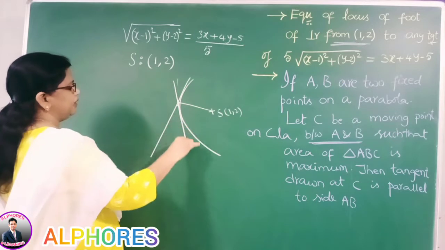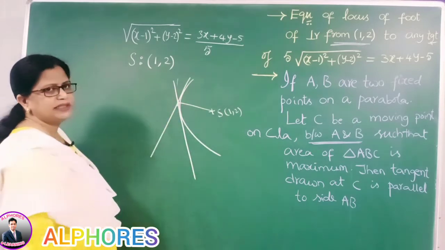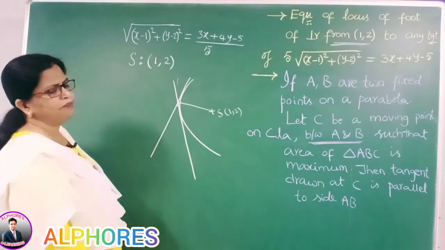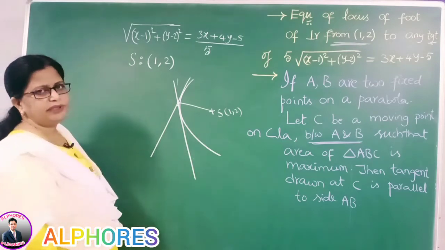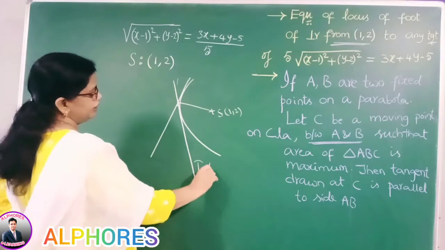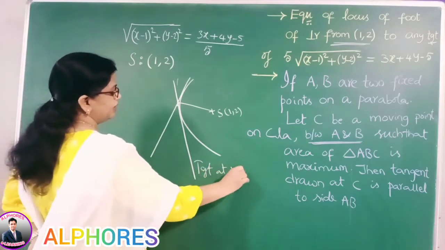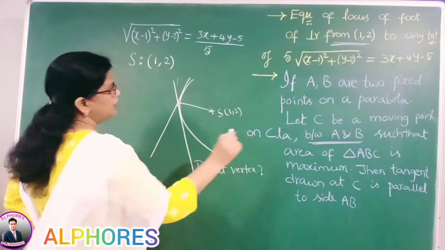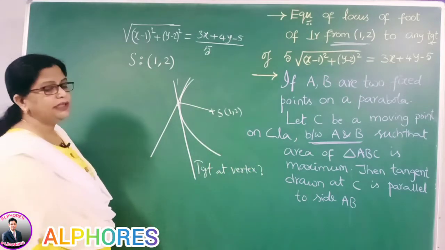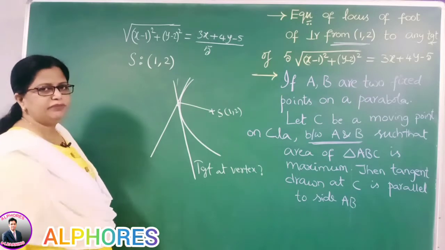So this foot of perpendicular is exactly on the tangent at vertex. Now they are asking for the equation of the locus of feet of perpendiculars. That means indirectly they are asking for the equation of the tangent at vertex. Just basing on our property, you can immediately identify what equation they are asking.